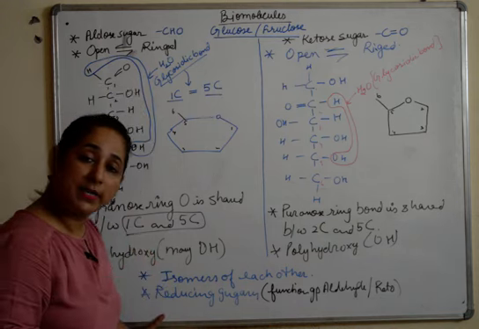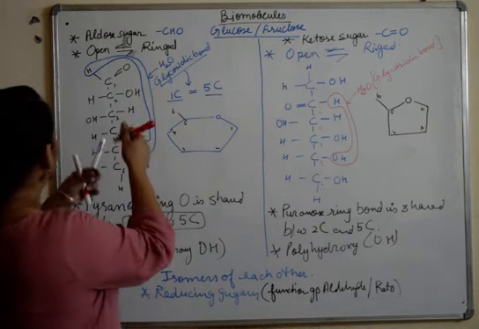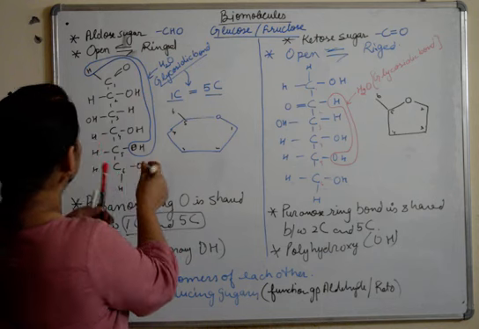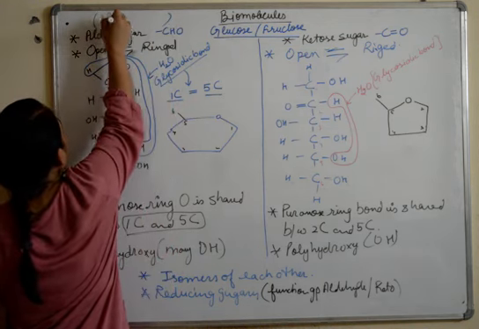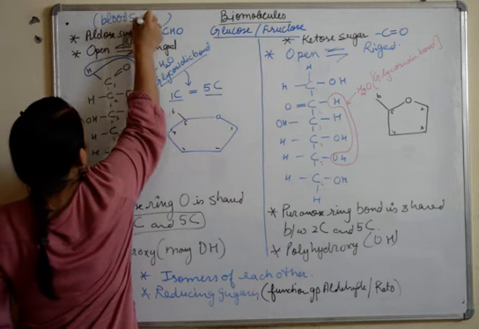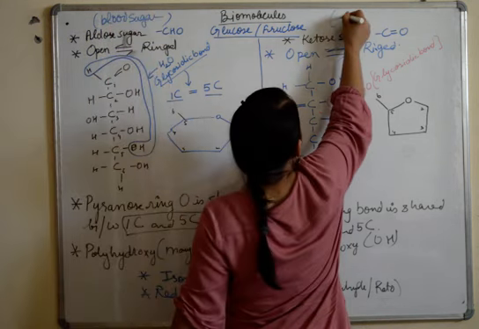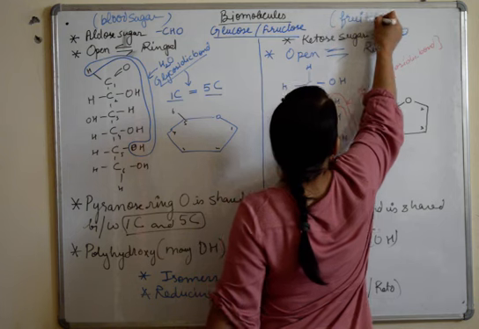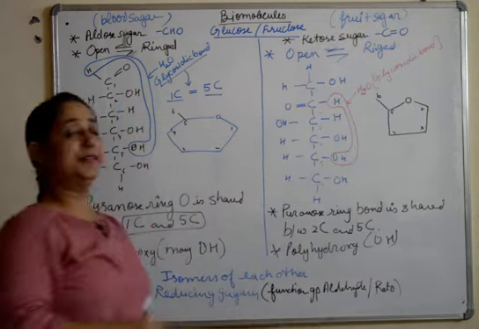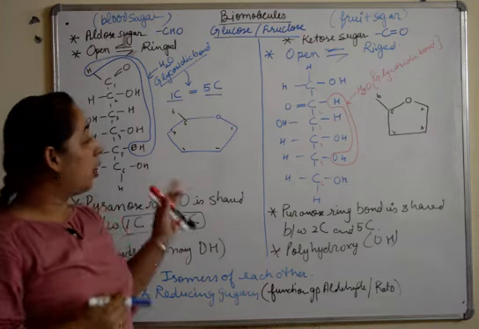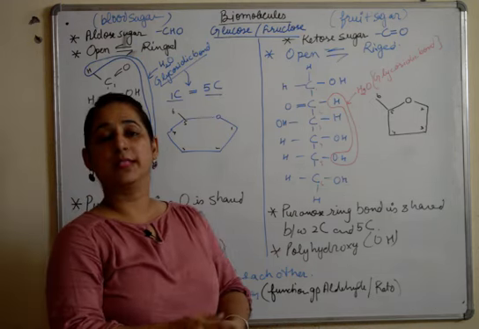That's why they are known as reducing sugars. Plus, glucose is blood sugar, whereas fructose is fruit sugar. So these are the differences and the various characters between glucose and fructose, and how they are formed.